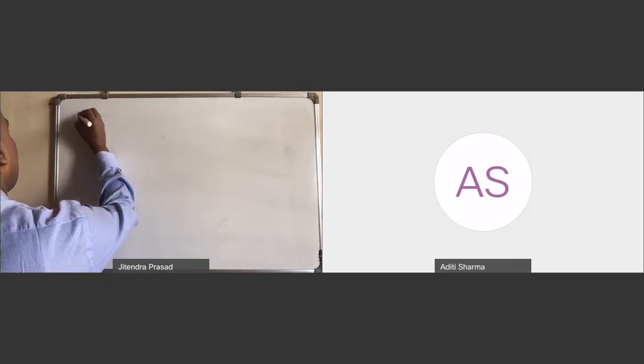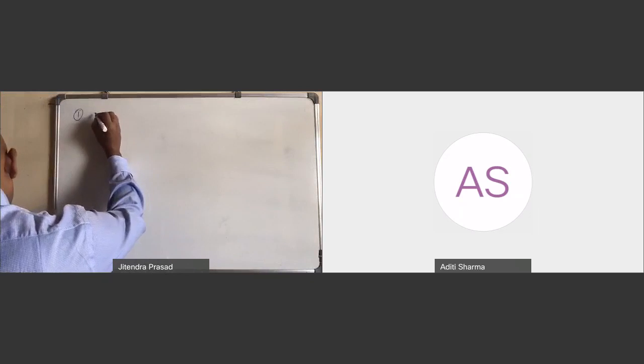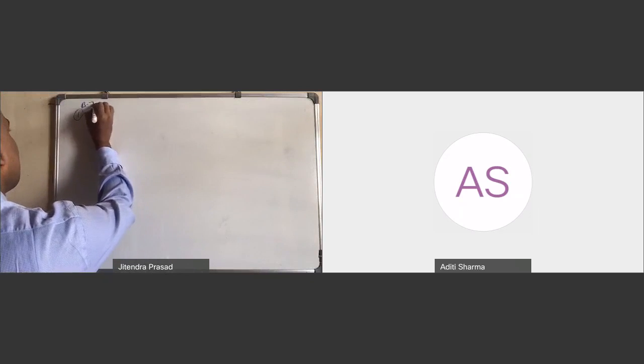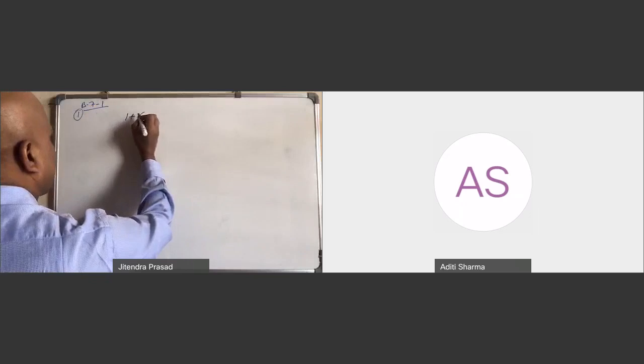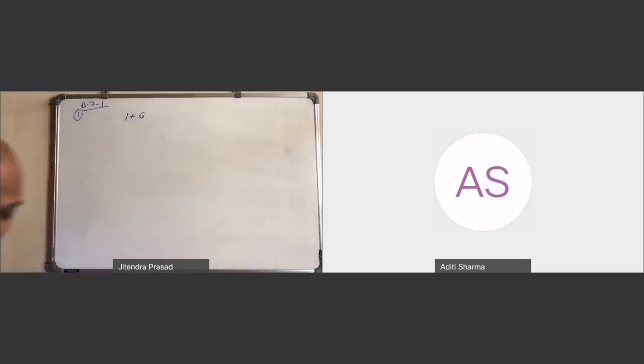Here also, the first one says consider the unity feedback system with the closed loop transfer function. So in the first one, you have to add that. You have to first write 1 plus G, like the closed loop transfer function becomes.